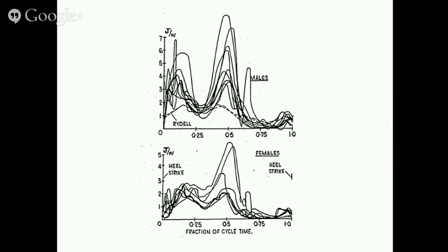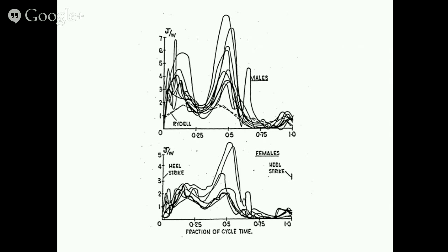So 1 would be 1 body weight. He's also included a predecessor of his, Rydell, whose data was about the only published data prior to this on what the loadings on the hip joint were.